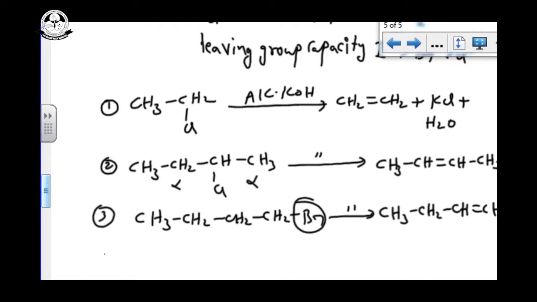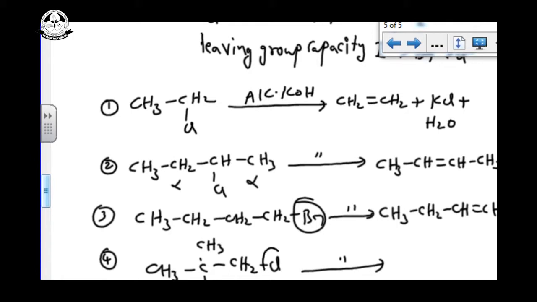Fourth one. Suppose I am taking a tertiary alkyl halide, CH3, CH3, CH3, CH2Cl, with alcoholic potash. Can you guess the answer? Cl is going out from here, and hydrogen. Here there is no shifting. No shifting of reaction, that we have to keep in mind.